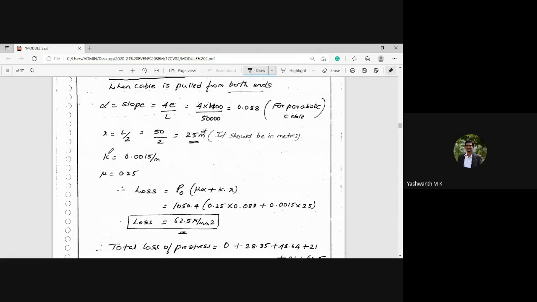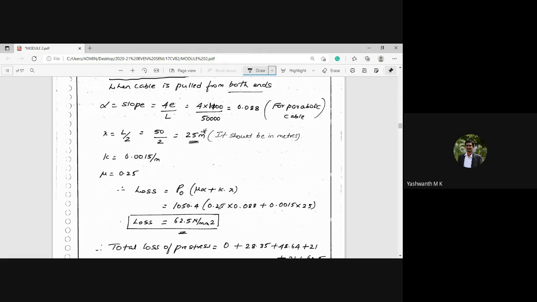And what is K? That is the wobbling coefficient, 0.0015 per meter, and the frictional coefficient is 0.25. So let me substitute. Loss of pre-stress due to friction is equal to initial pre-stress P naught multiplied by mu alpha plus K into X. Now you know the initial pre-stress, substitute that.